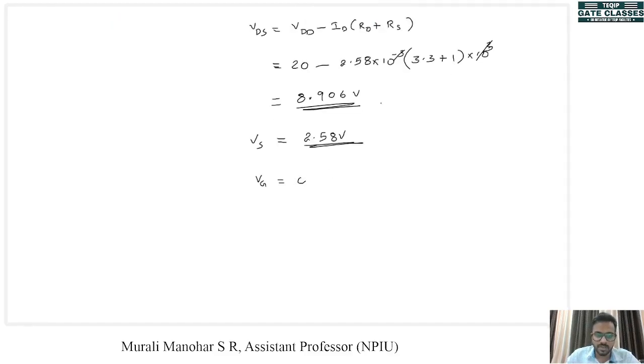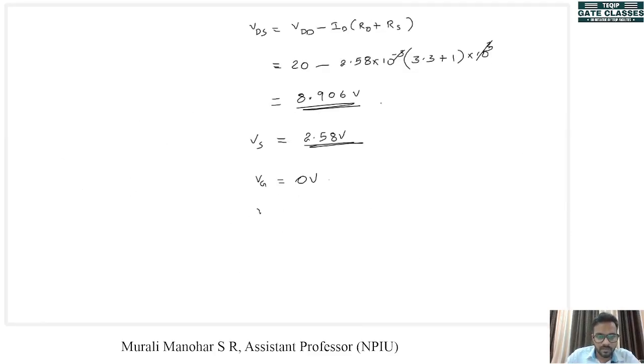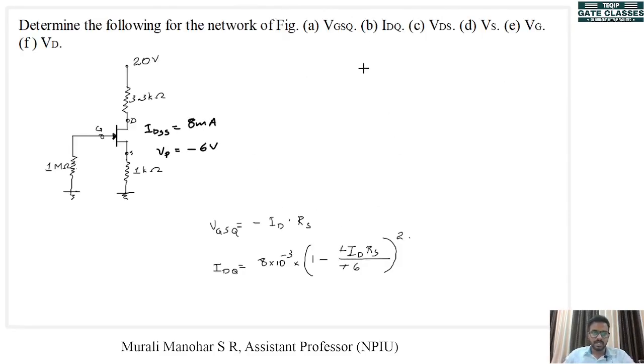So VG is equal to 0 volts. And the last quantity is VD. VD is equal to VDS plus VS. Now that is given by 8.906 plus 2.58 volts. Now this will be equal to 11.486 volts. So these are all the values we needed to find out.